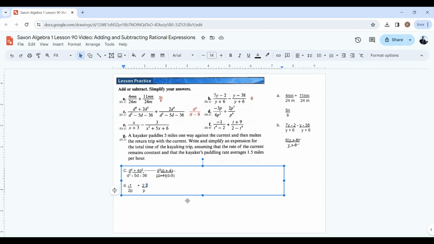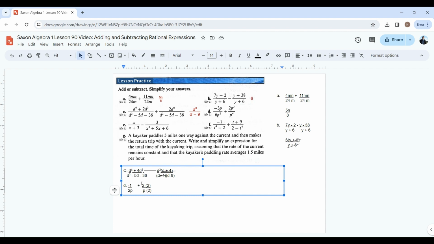So I'm going to put an extra factor of 2 on top. Let me put that in parentheses so it's obvious that I'm multiplying. And then I'm going to put an extra factor of 2 on the bottom. I just multiplied the top and the bottom by the same thing. Now notice I could, if I wanted to, cancel those 2's out and turn this back into 2 over p. I didn't change the base number by multiplying the top and the bottom of the fraction by the same thing.